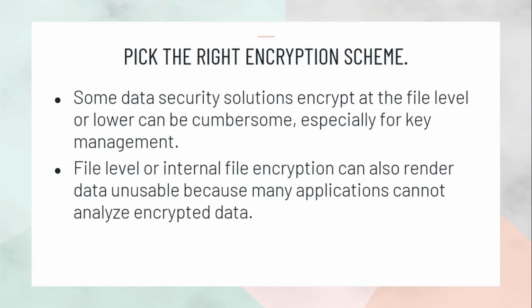Pick the right encryption scheme. Some data security solutions encrypt at the file level or lower, such as including specific data values, documents, or rows and columns. Those methodologies can be cumbersome, especially for key management. File level or internal file encryption can also render data unusable because many applications cannot analyze encrypted data.